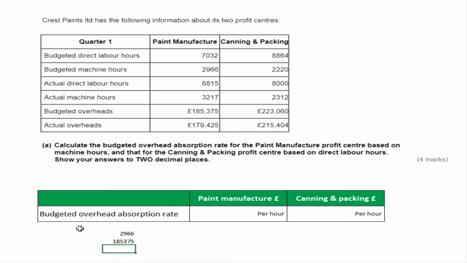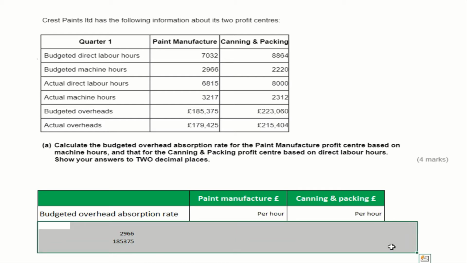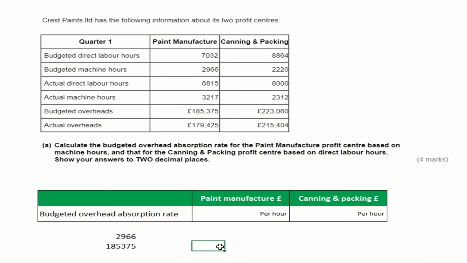All we've got to do is divide the budgeted overheads by the budgeted activity, which is machine hours, and we get £62.50.